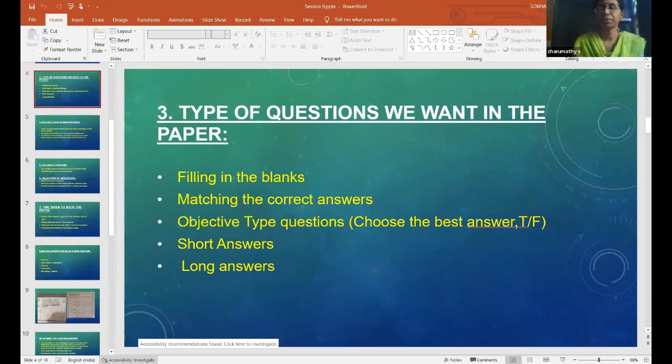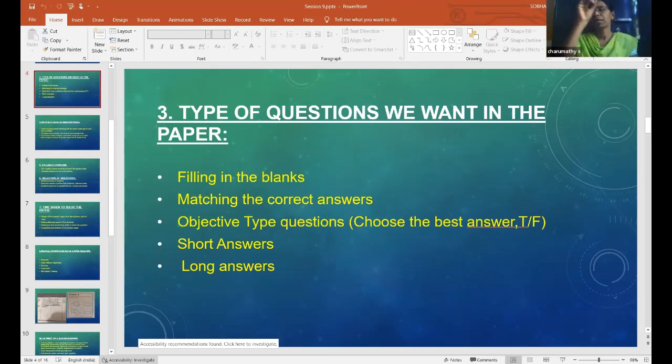Yes, teachers? And when it comes to descriptive paper also, it need not be only full of questions like find, what is this, draw, and so on. Mix up the questions, give a small picture, and from that ask something relevant to the picture. So it can be a mixture of questions.